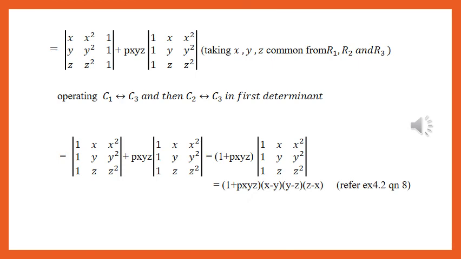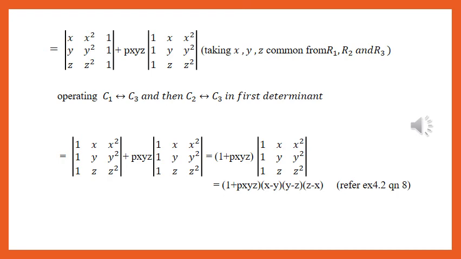Now we see that from the second determinant, x is common in R1, y is common in R2 and z is common in R3. So, from the second determinant, x, y, z is also taken out. So, we have first determinant plus pxyz determinant 1, x square, 1, y square, 1, z square.